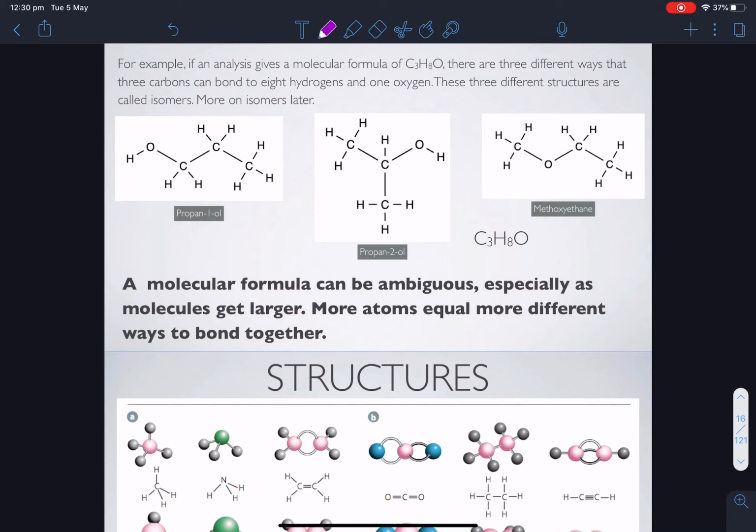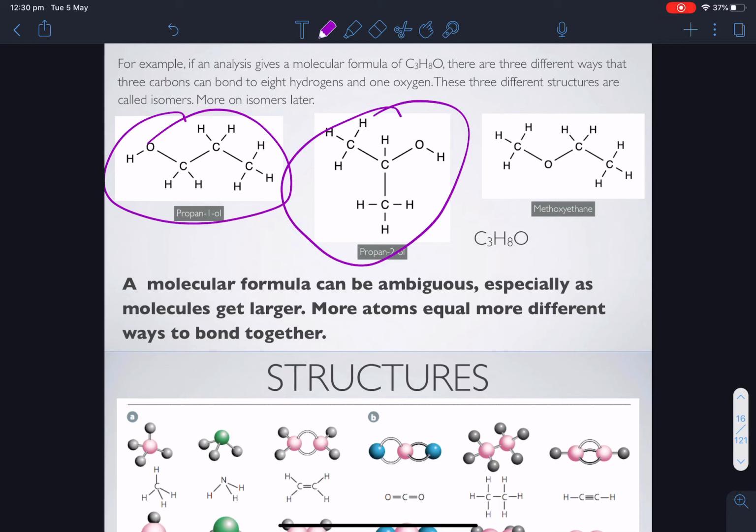You've got this molecule here, this molecule here, and this molecule here. All of them have the same molecular formula, but each is quite a different molecule, which will have different properties. They have the same number and type of atoms, just bonded differently. And these are called isomers, which I'll get to soon.